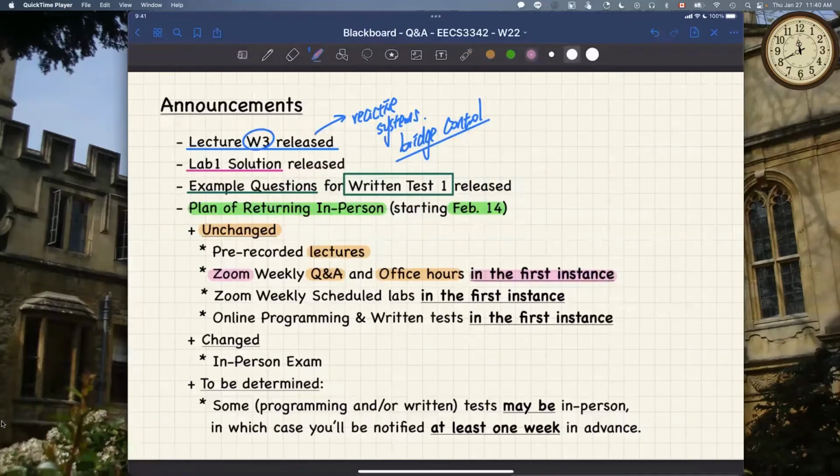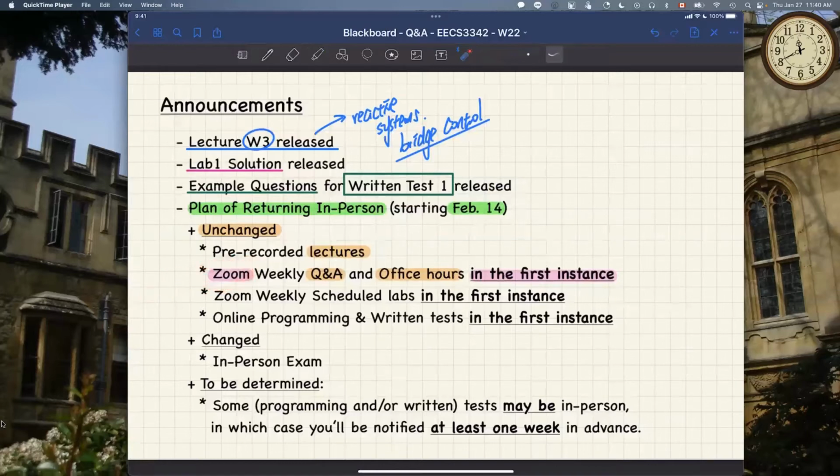But even if I do that, I will still record the session, except for the office hour, I mean the Q&A, right? But at least there will be Zoom for now. If I really want to adapt some of them to be in person, I'll let you know explicitly.